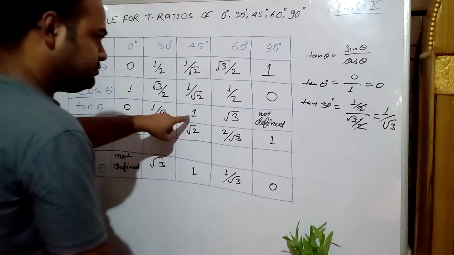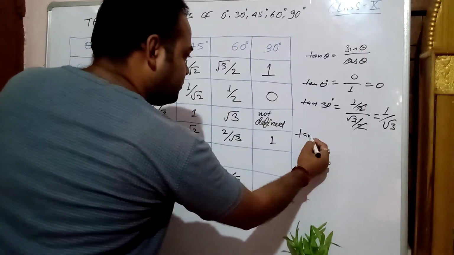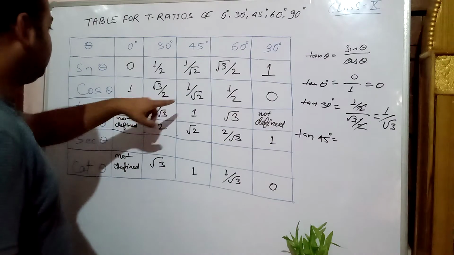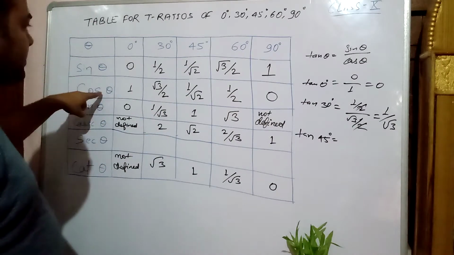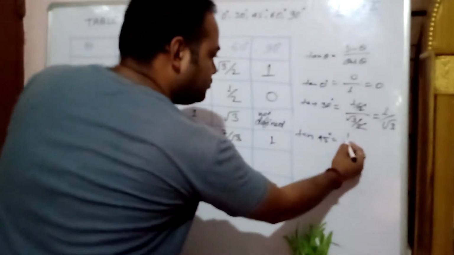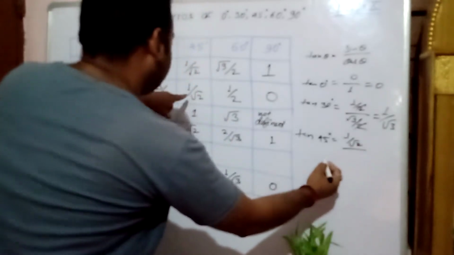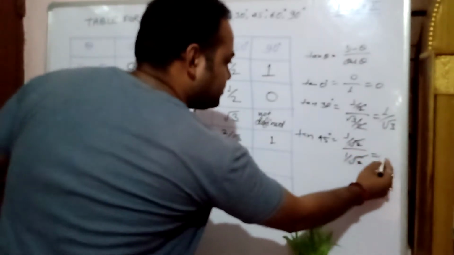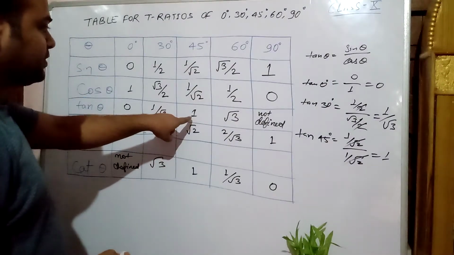Now for tan 45 degree, sin 45 by cos 45, 1 by root 2 by 1 by root 2, all cancel is equal to 1. You get this one.